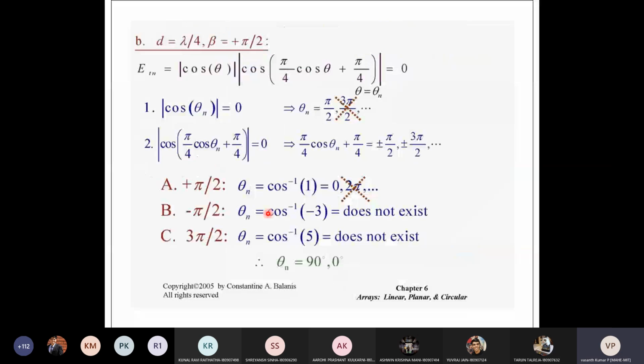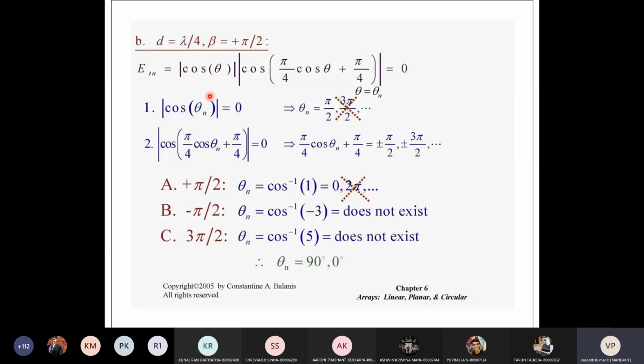Okay, next. So d is equal to lambda by 4, beta is equal to pi by 2. So this is the total expression for the electric field. Again, the element factor has a null at pi by 2, and in this expression there is one null at 90 degrees. The array factor has its null at 0 only.